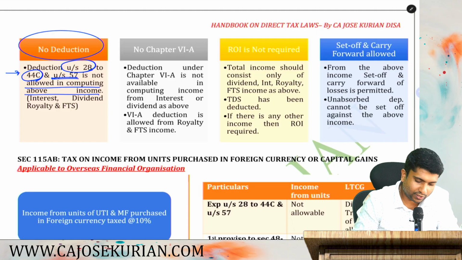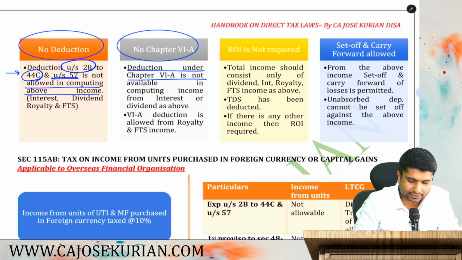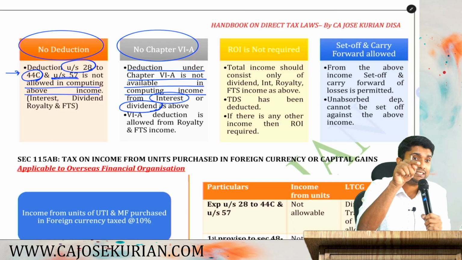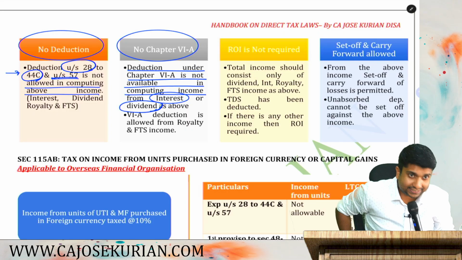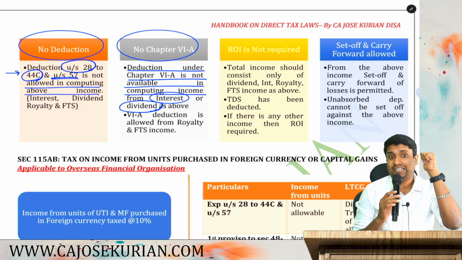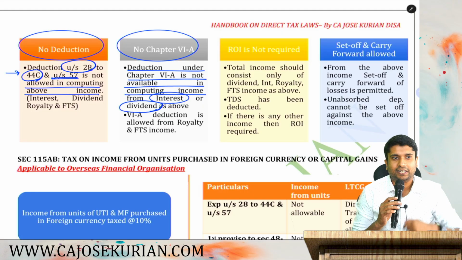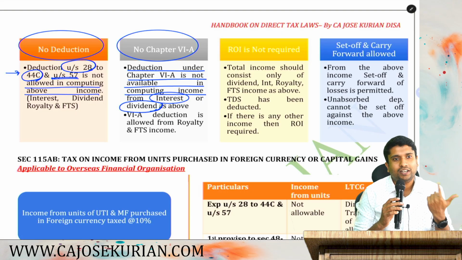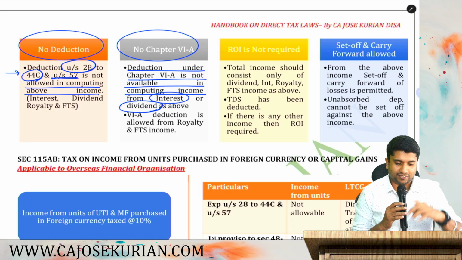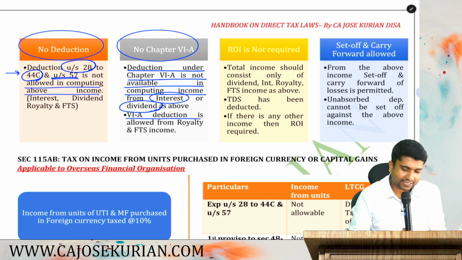Now, next one. No chapter 6A deduction. Deduction under chapter 6A is not available in computing interest and dividend income as above. Listen. You will not get chapter 6A deduction from interest income and dividend income. Then what about royalty income and FTS? You can. Chapter 6A deduction is allowed from royalty and FTS income.